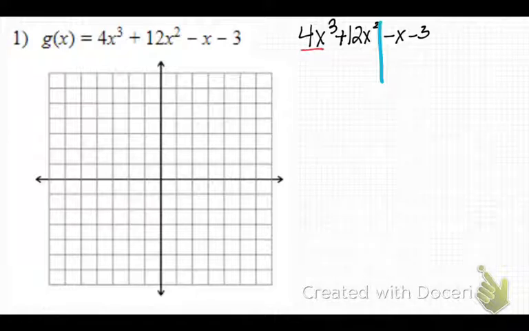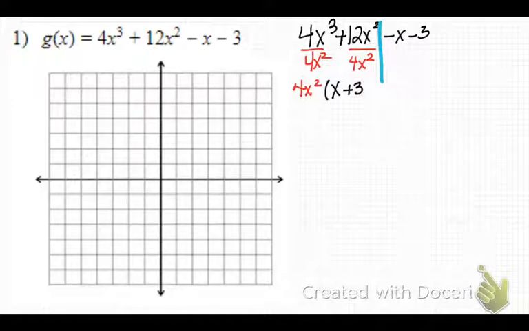the left side, what is the GCF on the left side? 4x squared. Perfect. And what is left? X plus 3. And then on the right side, what was it? -1.